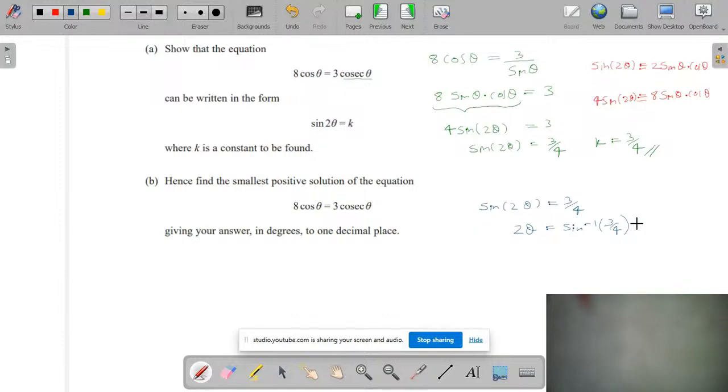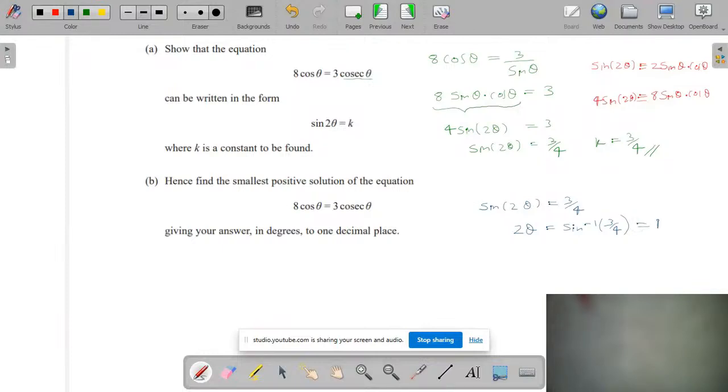You can type this in the scientific calculator, and they are asking for the answer in degrees to 1 decimal place. Therefore, your calculator should be in degree mode. So I type sin inverse 3 over 4. Then I am getting the answer as 48.59.